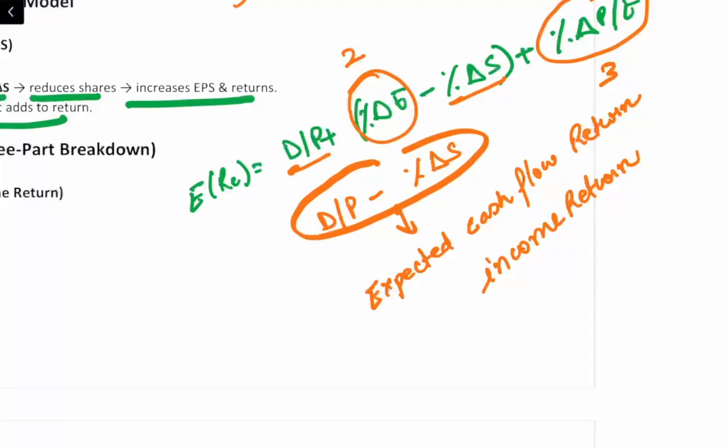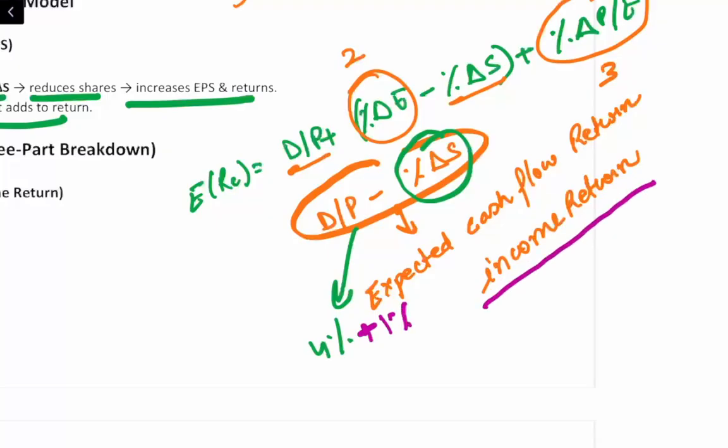So now try to understand that earlier you were earning 4% of dividend yield, and now the company has repurchased 1% of the shares. Clear? Now next year, what is your income return or expected cash flow return for the existing shareholder? 5%, because they are getting this 4%.